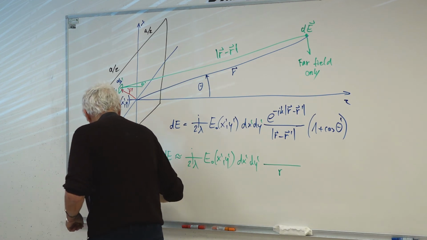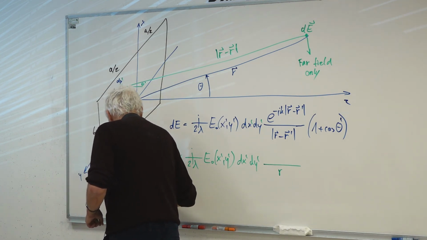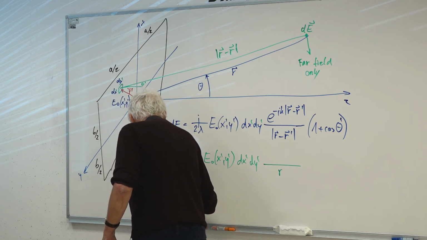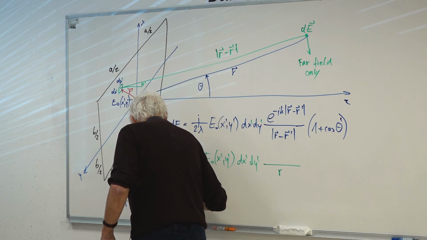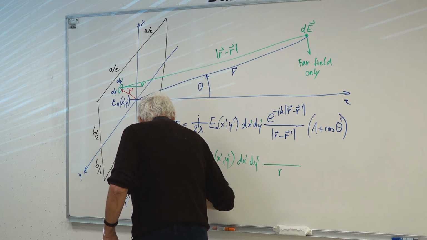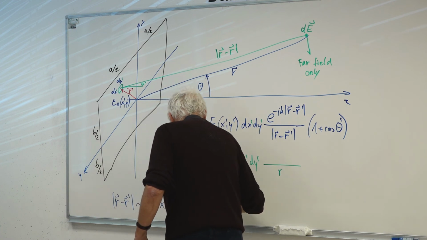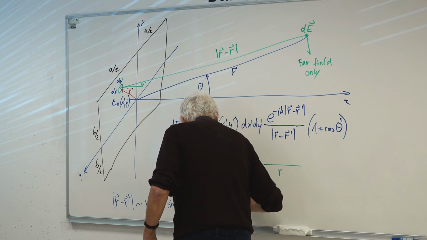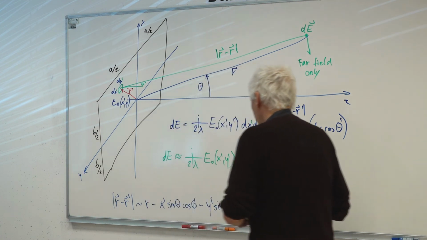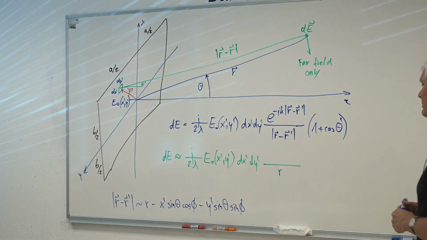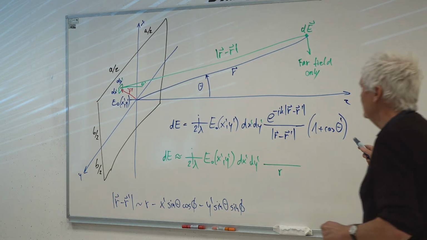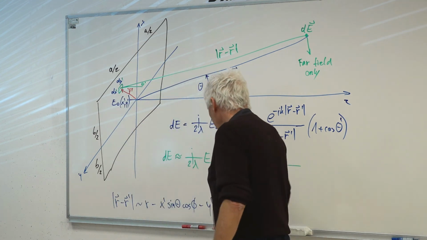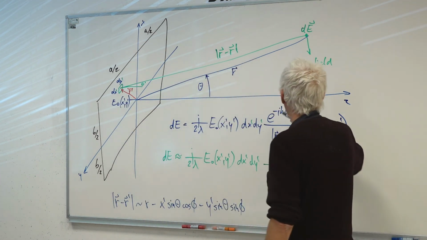This is approximately r minus x prime times sine theta cosine phi minus y prime sine theta sine phi. It's the projection of this small offset, but this thing actually counts in the exponent.